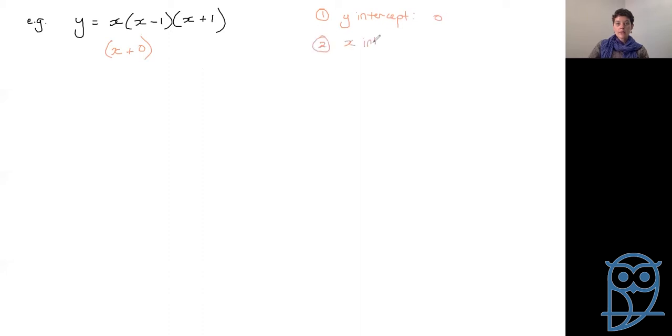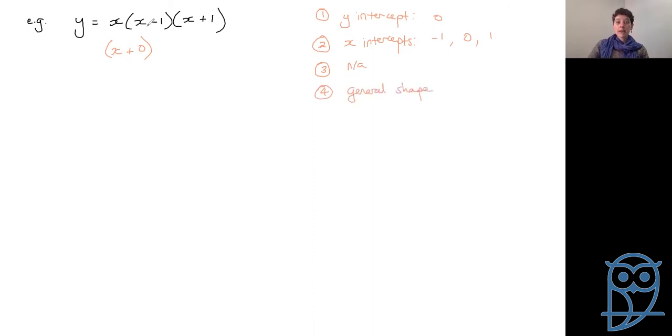Our x-intercepts, in this case, are going to be 0, 1, and minus 1. So minus 1, 0, 1 makes it easier for us if they're out in order. That little x at the beginning mustn't be ignored. Stationary points for a cubic without differentiation. Now we're not going to bother with that one. So last one then is our general shape.